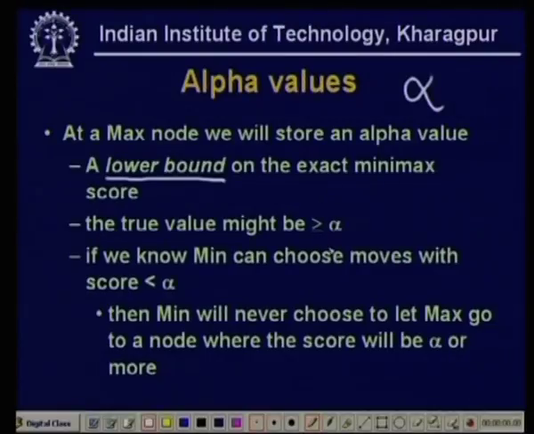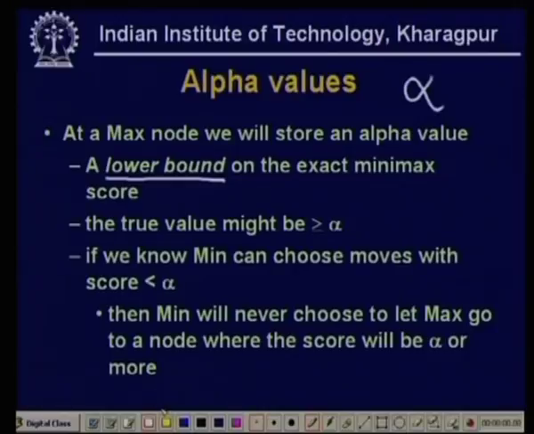So, the alpha value of a node can only increase, right. So, if a max node has an alpha value equal to alpha, its true value might be greater than or equal to alpha. Now, if we know that min can choose moves with scores less than alpha, then min will never choose to let max go to a node where the score will be alpha or more.